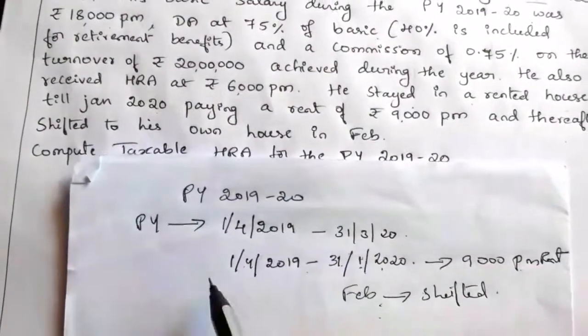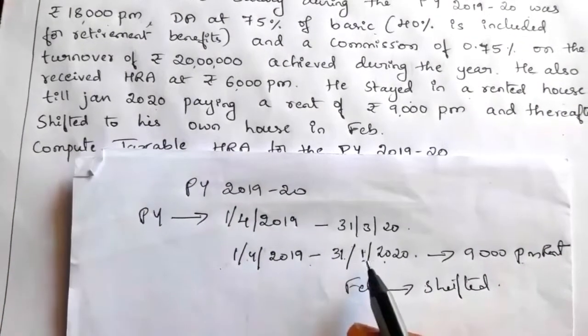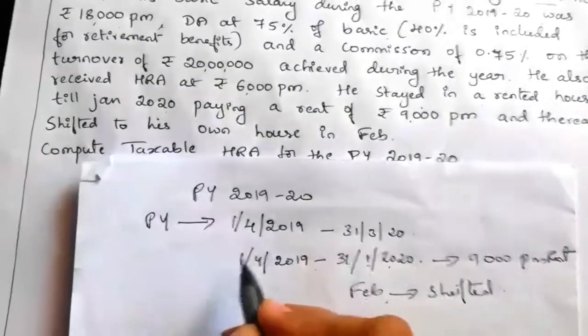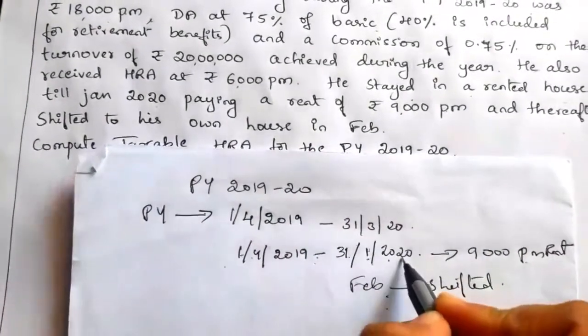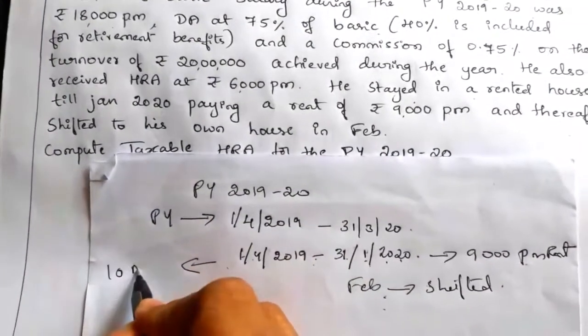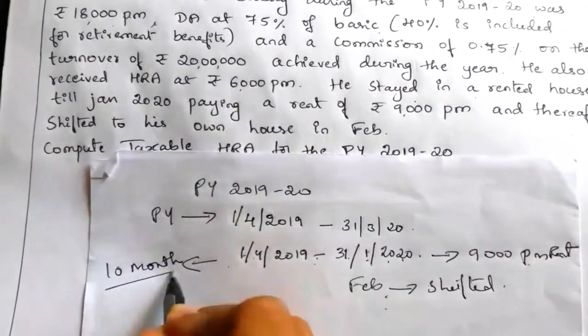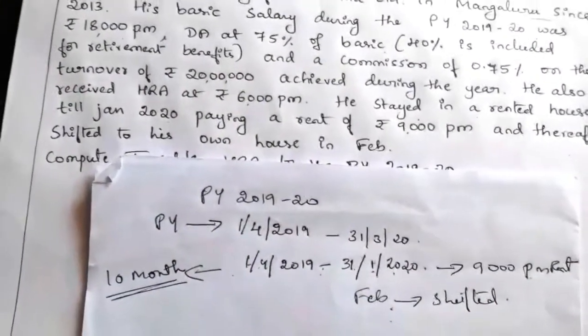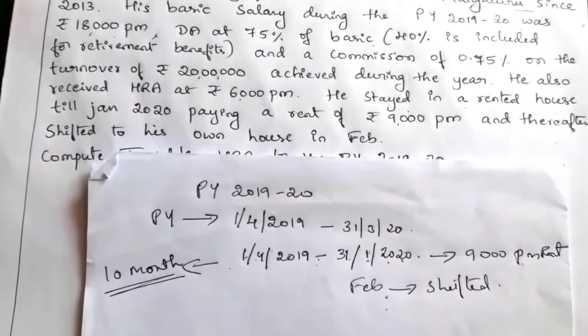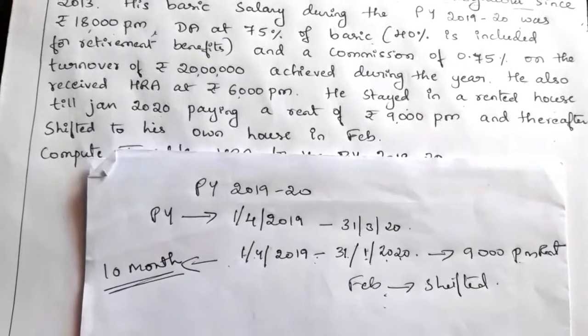We have to take the entire month. If we exclude Feb and March, we get 10 months. So the relevant period here is 10 months, and we have to calculate salary only for the relevant period, that is for the 10 months. Understood?